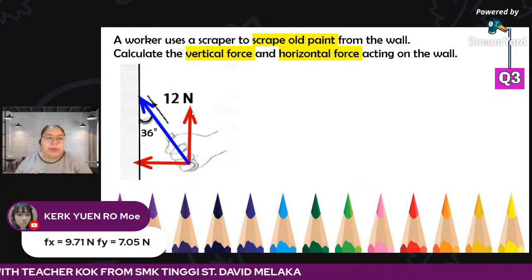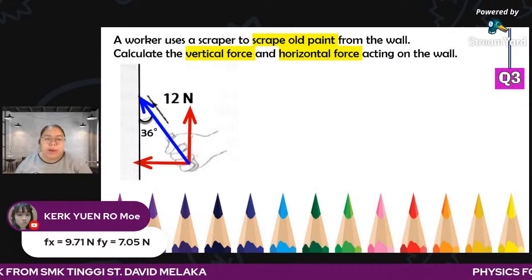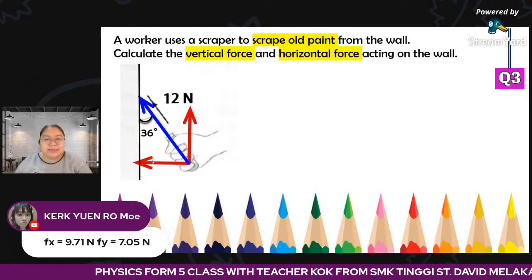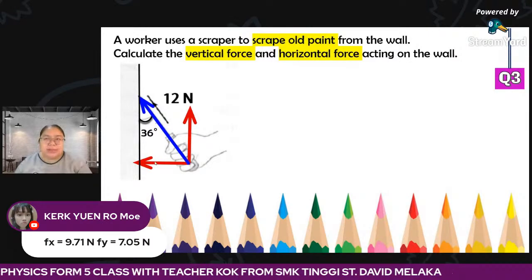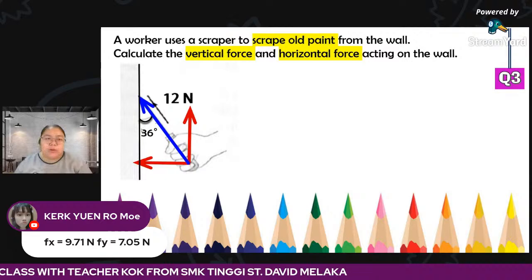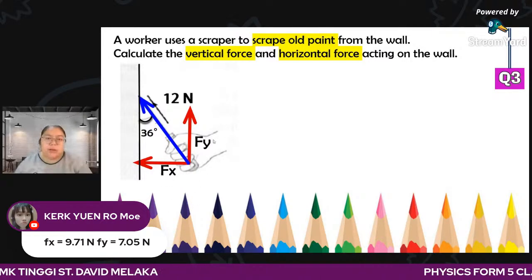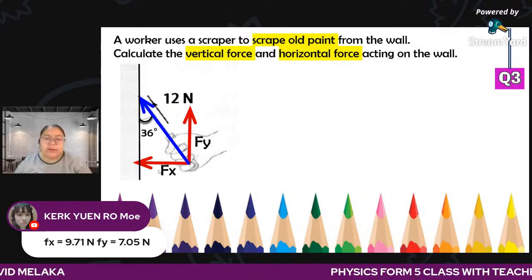Okay, so I repeat again. This one should be the Fy. This one should be the Fx. So the Fx is opposite 36, so for the Fx we use sine. So for the Fy we use cos. So I label Fy, cos. Fx is a sine.